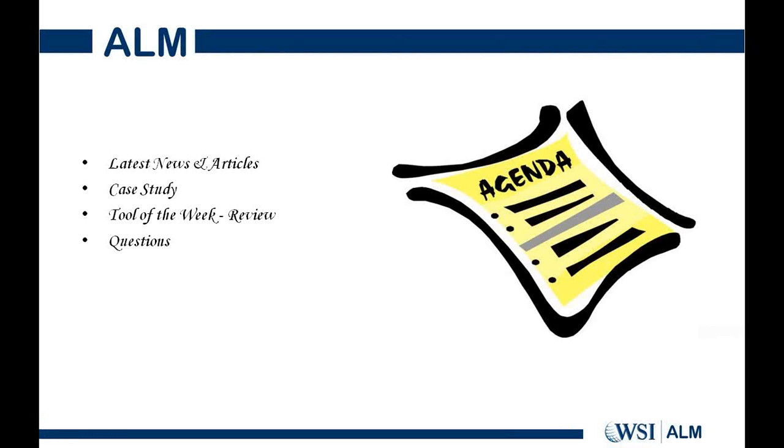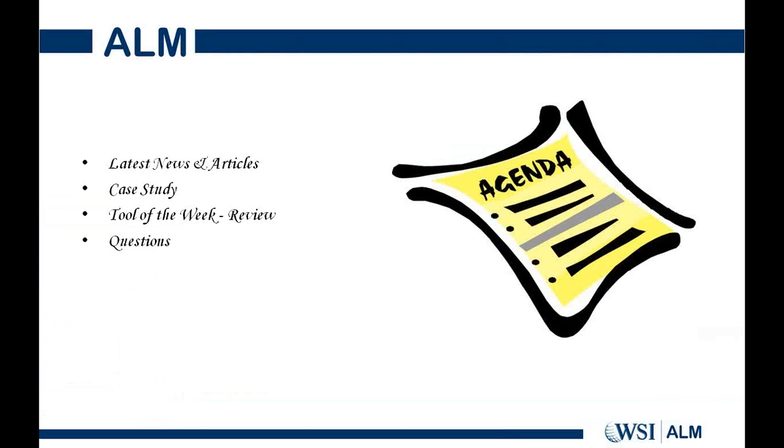So Armando wanted to showcase that case study. And then I have a really cool, exciting tool that I want to review this week. It helps produce a really nice snapshot and a really nice report for a website. And you can definitely use it at any stage of your sales cycle. You can use it at the prospecting stage, you can use it at the upsell stage, at any different stage. And then, of course, followed up by questions at the end of the webinar.